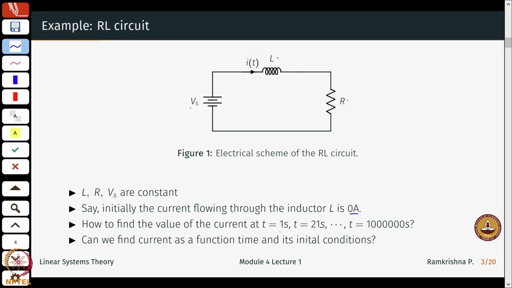And what will one expect it to be a function of? Well, the current will definitely be a function of the system parameters, it will also depend on its own initial condition, and of course it will depend on the input also. So, can we find the current as a function of time and its initial condition is our question.